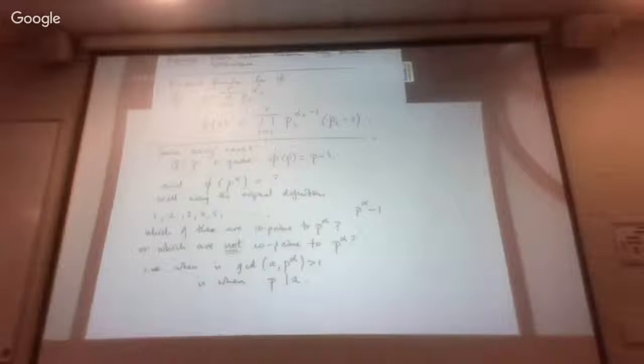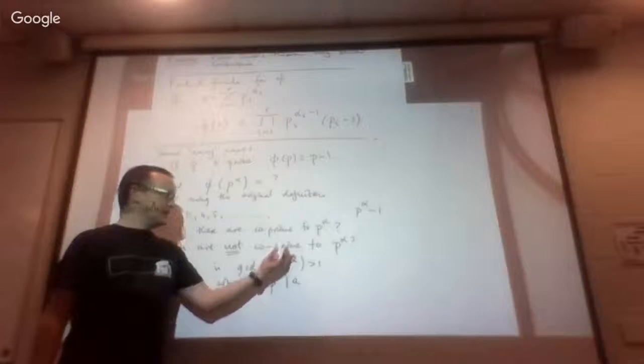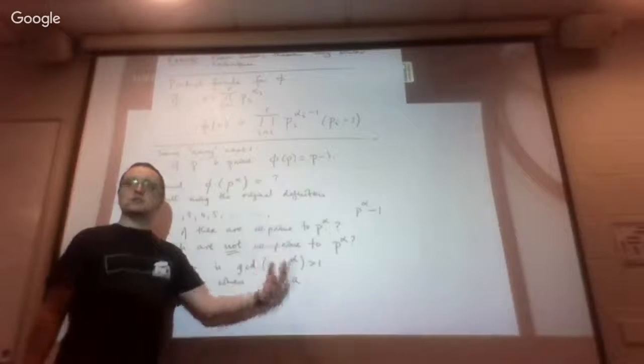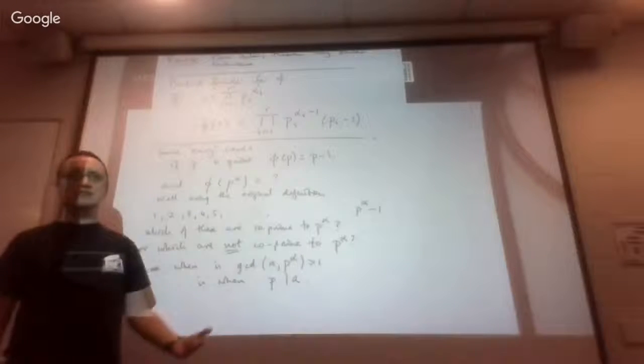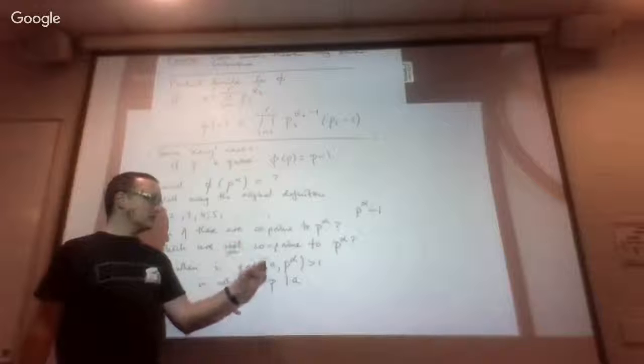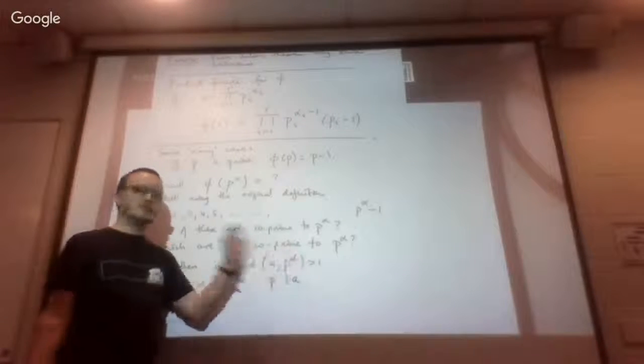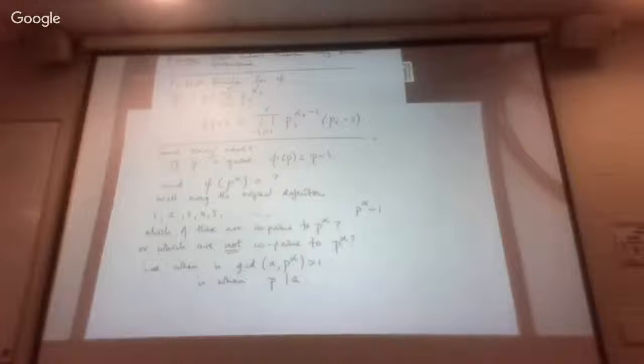If the prime p does not divide a, then the only factors of p to the alpha are p squared, p cubed, up to p to the alpha. So if p is not a factor of a, then there's going to be no common divisors apart from 1. Okay? So then the GCD will be 1.